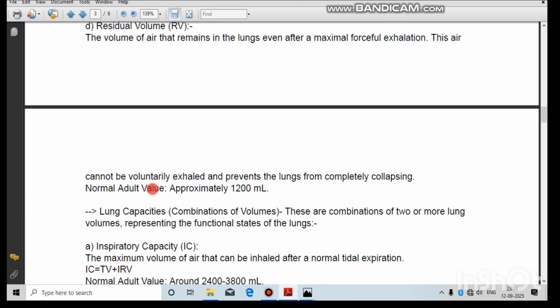This air cannot be voluntarily exhaled and prevents the lungs from collapsing. So residual volume is what is left inside our lungs after I forcibly exhale; that is the remaining air. What it does is prevent our lungs from collapsing. The normal adult value is 1200 ml.